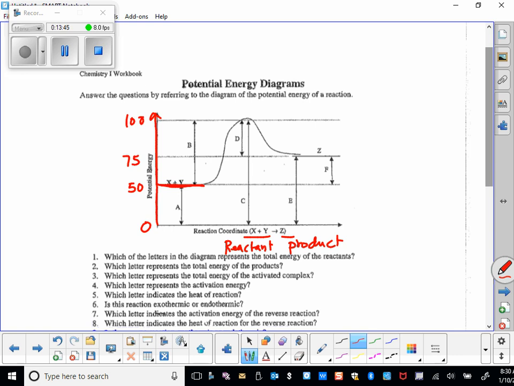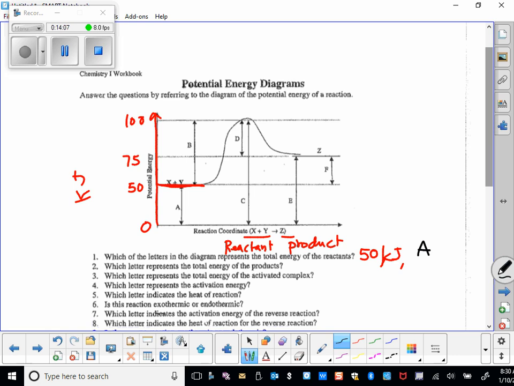50 if you look at a number. But if you look at an alphabet, let's say this is all in kilojoules. Let's say it's 50 kilojoules. But if I look at an alphabet, what is that alphabet that denotes 50? A. All right? So the alphabet can be A and the number can be 50. Are you understanding?